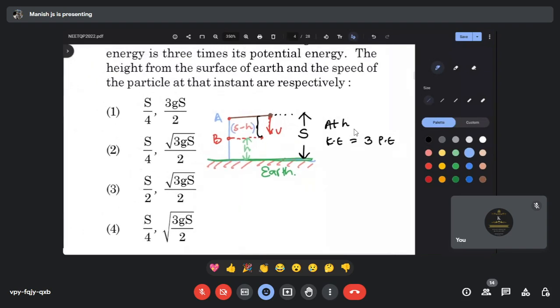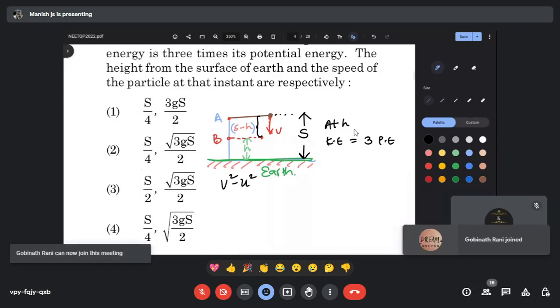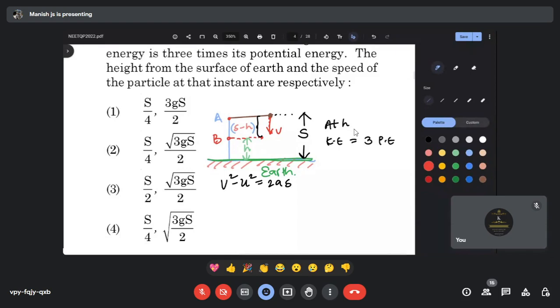So we are going to apply the third equation of motion and get the velocity at which the object is falling from point A. Using the third equation, you know that v squared minus u squared is equal to 2as. This is our relationship, so make use of this. We need v, so we shift u squared to the other side.